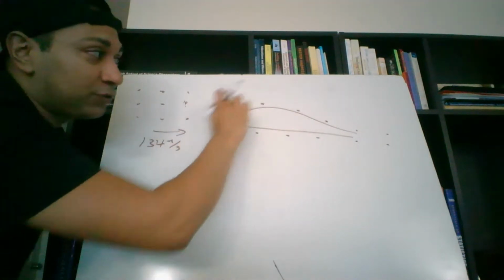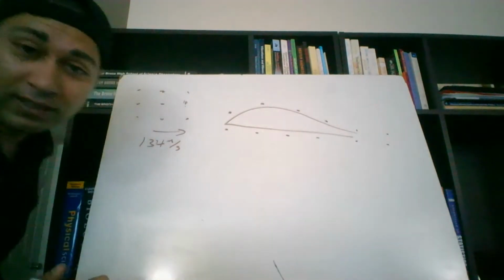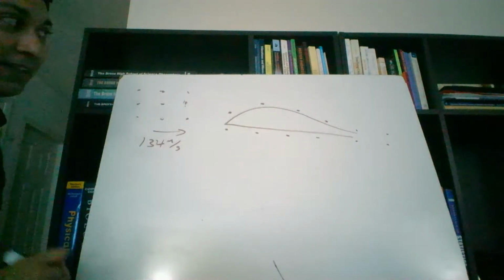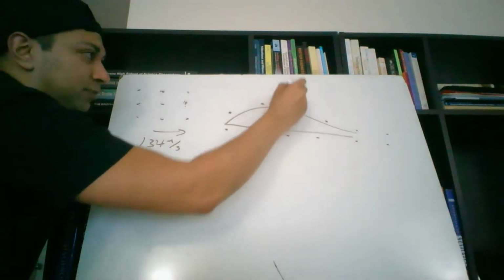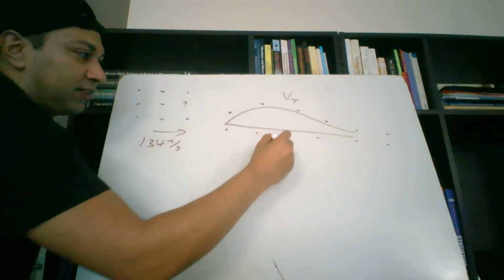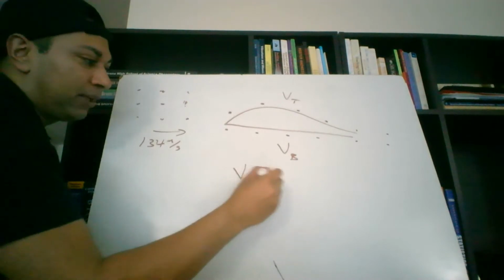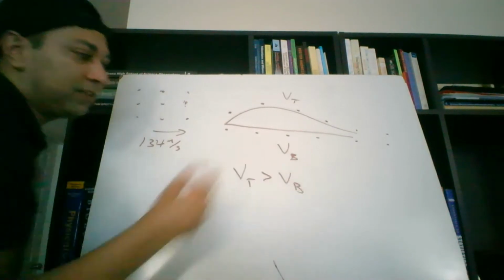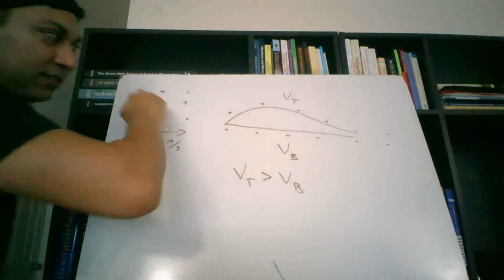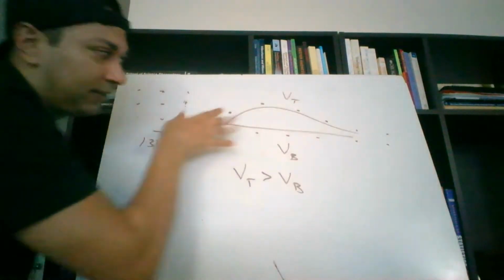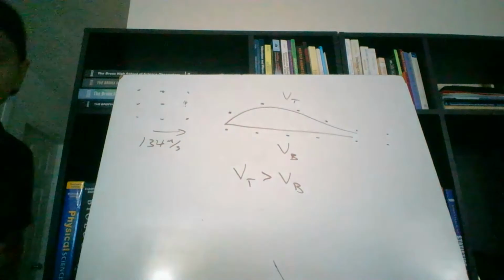So if it's actually traveling a greater distance to get to here versus the particles that are down here to get to there, we could say that the speed of the top particles has to be greater than the speed of the particles at the bottom. That's because this thing hits this, and then it's going to go like that, and they still have to meet up at the end, the particles at the top and the particles at the bottom.